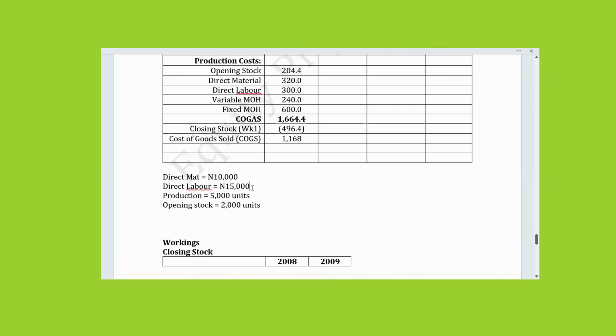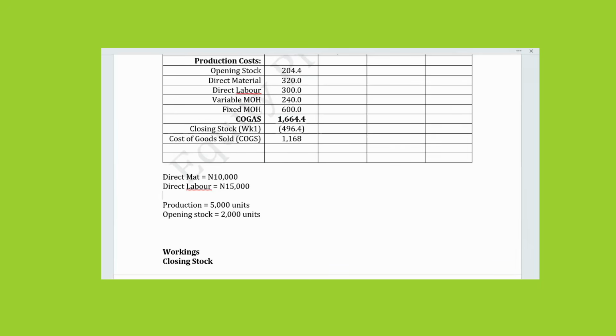Let me also add that we are given variable overhead, let's say 5,000, and fixed overhead, let's say 3,000, or let me put it as 6,000. All right, so these are the hypothetical numbers.